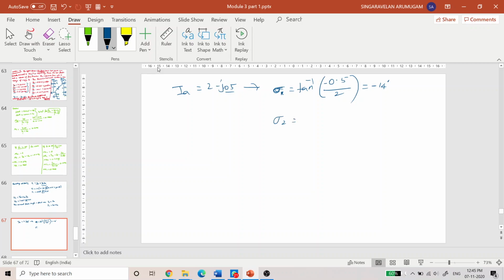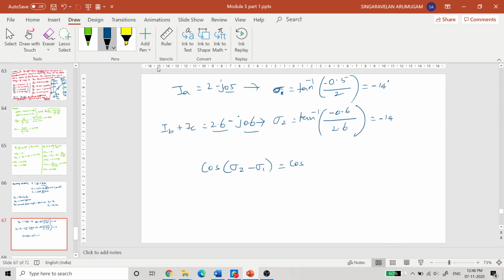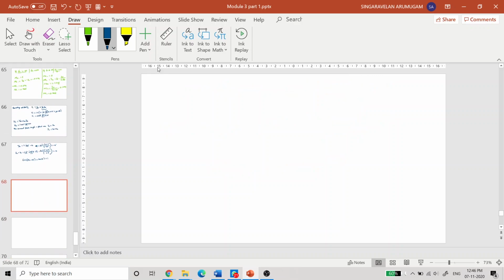Also to find the del 2 value, we get it from IB plus IC, which is 2.6 minus j0.6. So the tan inverse of minus 0.6 divided by 2.6 is also minus 14 only. And cos of del 2 minus del 1 is equal to cos 0, which is 1.